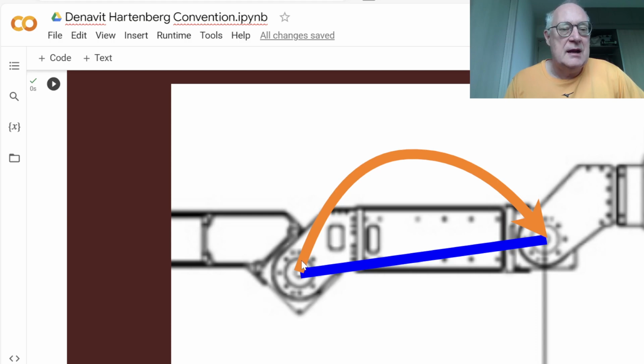But the actual shape of the link, like if we go up and then over, or if we go in a straight line, or if we have an even crazier link like this orange link here, the actual shape of the link doesn't matter as far as the kinematics are concerned.